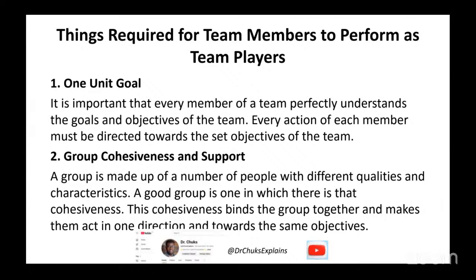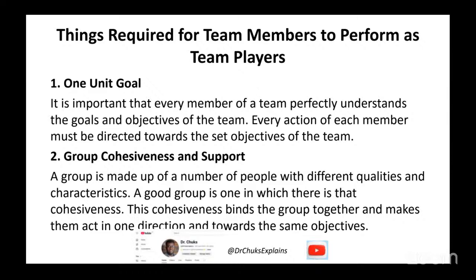The second is what we call group cohesiveness and support. For every team member to perform as a team player, it is required that a group made up of people from different walks of life, with different qualities and characteristics, must have this group cohesiveness and support.